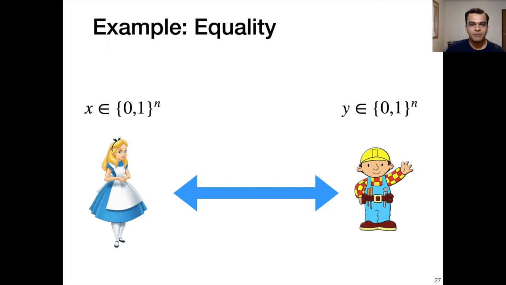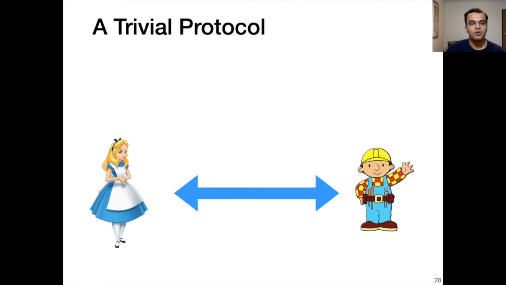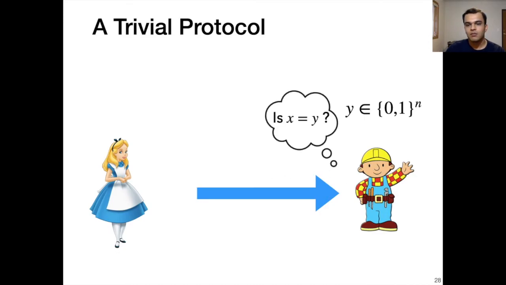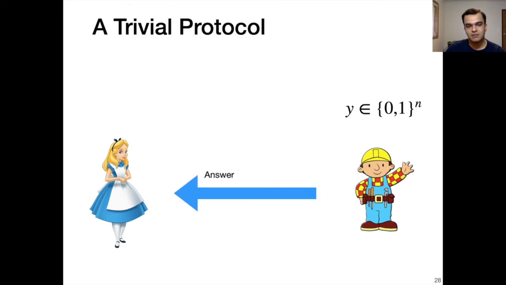Alice and Bob get private inputs x and y, which are n-bit strings, and they want to find whether x is equal to y. A trivial protocol for the equality problem is: Alice takes her input x and sends it over to Bob. Bob computes whether x equals y and sends the answer back to Alice. This protocol takes n plus 1 bits of communication.